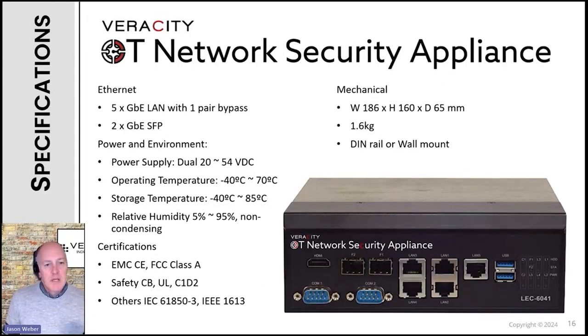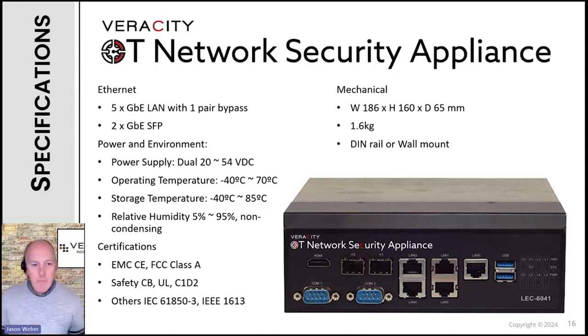Everybody asks about this. Essentially, what are the specs of the box? It has 5 regular RJ45 ports. It has 2 SFP ports. It has dual power supply capability. I'm running mine on my desk next to me at 24 volts, but it accepts 20 to 54.